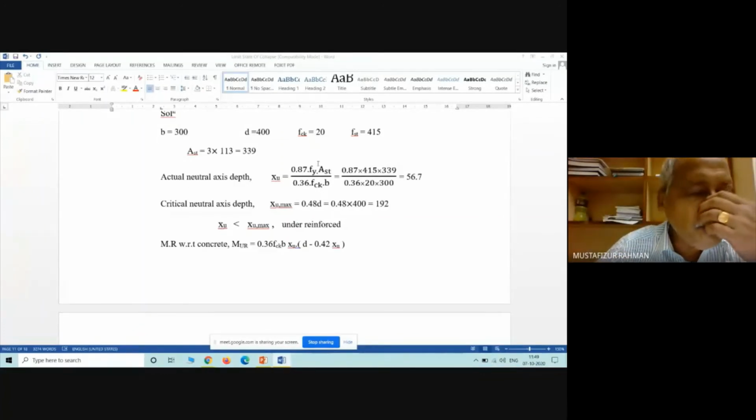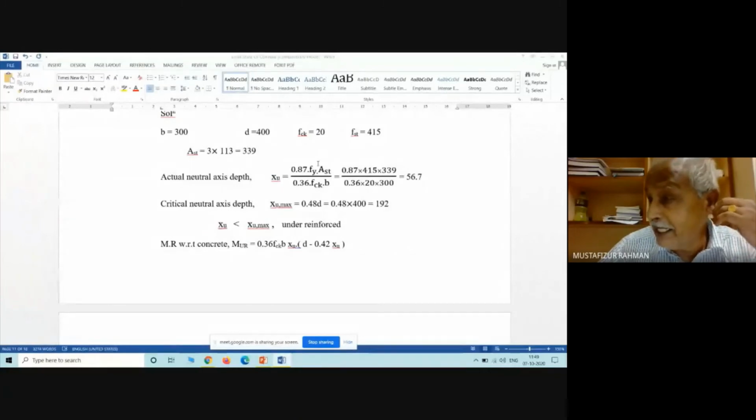Try to remember. We normally utilize in our civil engineering work rod diameters of 6 millimeter, 8 millimeter, 10 millimeter, 12 millimeter, 16 millimeter, 20 millimeter, 25 millimeter, 32 millimeter.